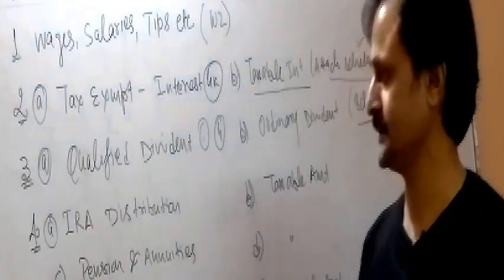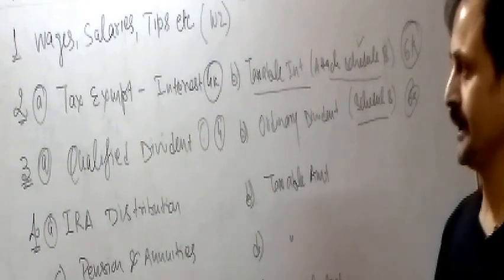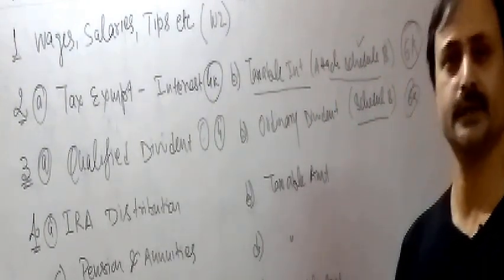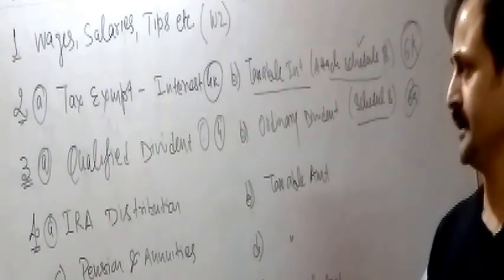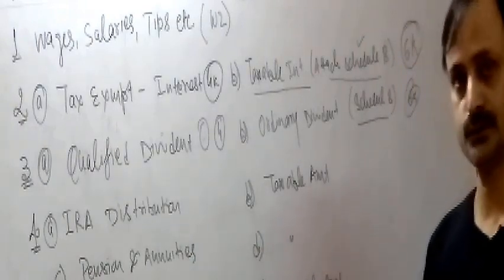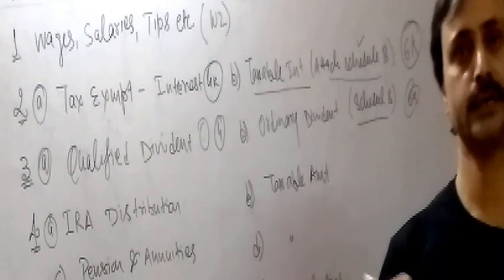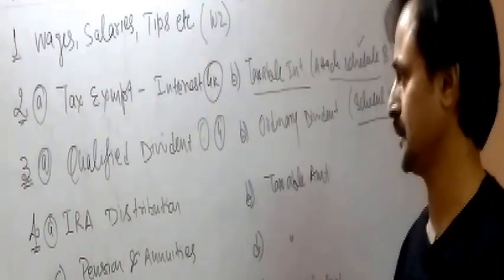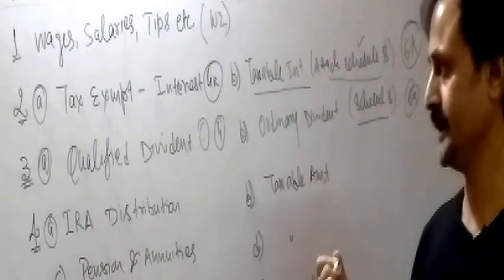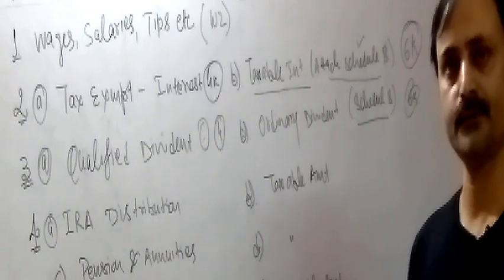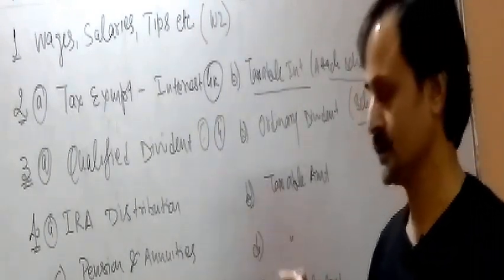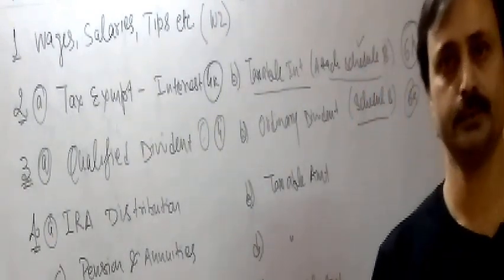Line number 4 shows IRA distribution. IRA means individual retirement account, right? Since it's a retirement account, there could be a portion that is non-taxable. Like someone is receiving 20,000 throughout the year as retirement income from an individual account. All the 20,000 is not going to be taxable, right?